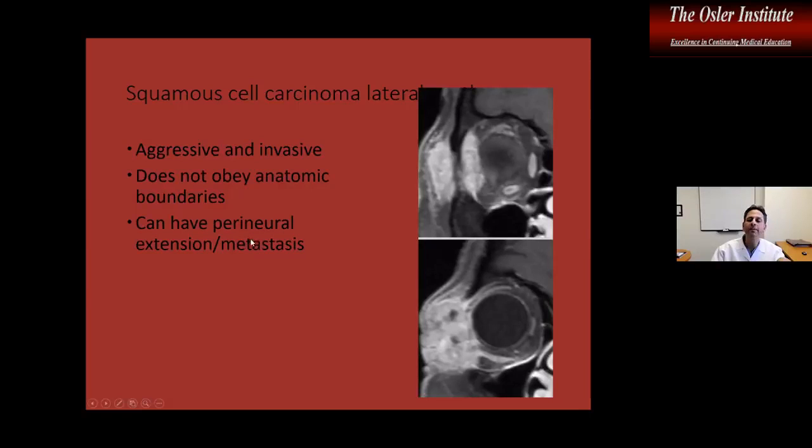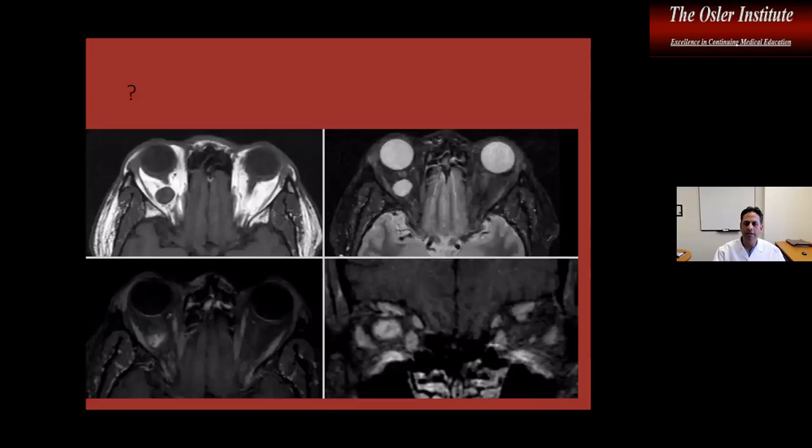And the main thing about squamous cell is that it can be painful, and adenoid cystic can too, because they have extension along the perineural sheaths. And that's how they can get intracranially. So again, treatment for this, you can radiate it, you can resect it, but it's a difficult thing.